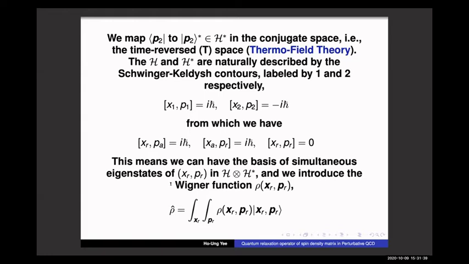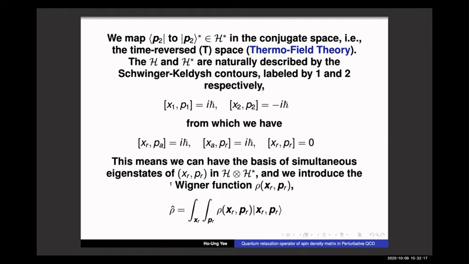Another way of saying this is that complex conjugation is the time reversal operation, so that the momentum changes sign. That changes the commutation relations in this complex conjugate space. Instead of having i h-bar, the X2, P2 commutator is minus i h-bar, from which we can derive the same result of canonical commutation relations between the R variable and the A variable.